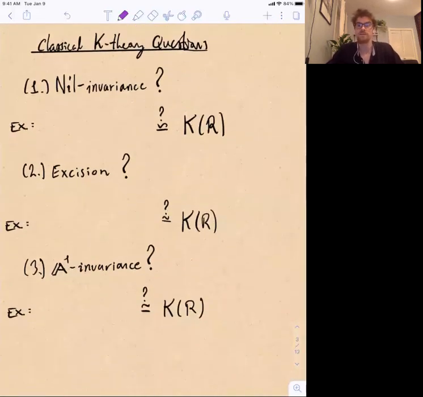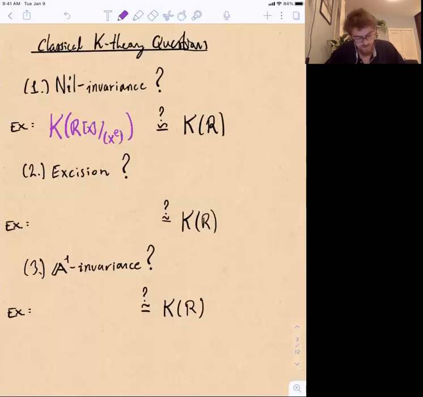The first one is nil-invariance. This is asking, for example, whether or not the K-theory of a truncated polynomial algebra, let's say with truncation degree e, sees this extra nilpotent information. Similarly, you could ask about excision in K-theory.